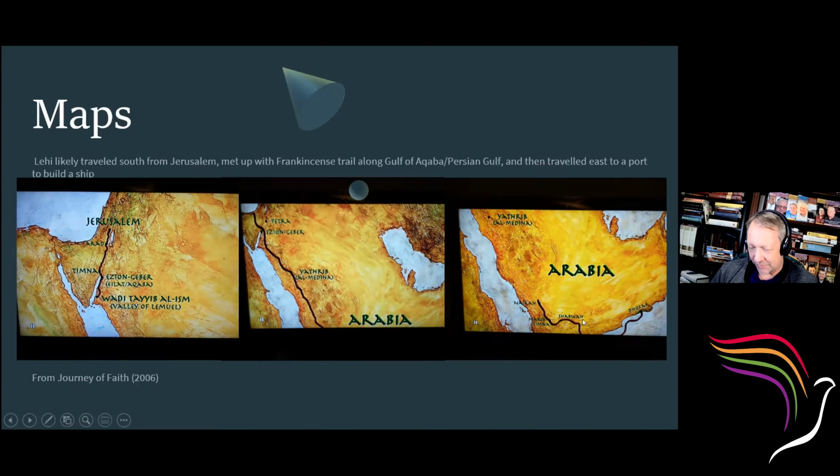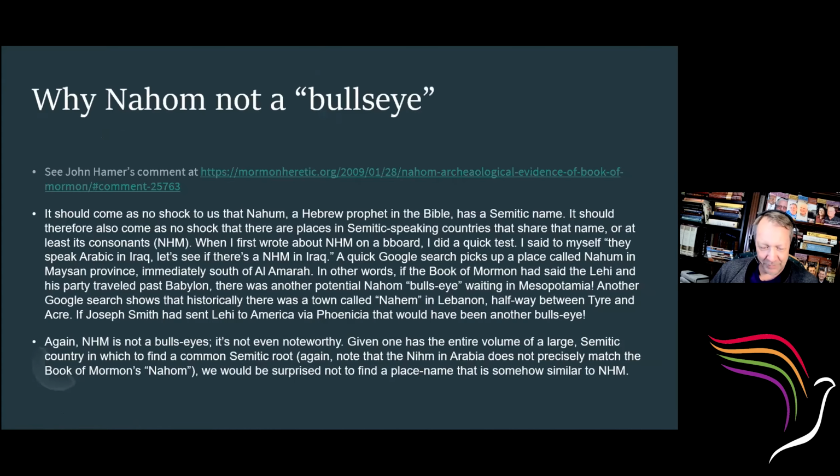Now, there are a few different sites for potential harbors for Nephi's harbor. But in the interest of giving all perspectives, not everybody believes Nahom is a bullseye.